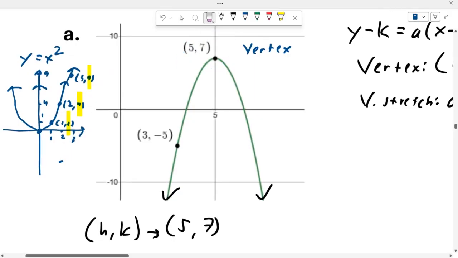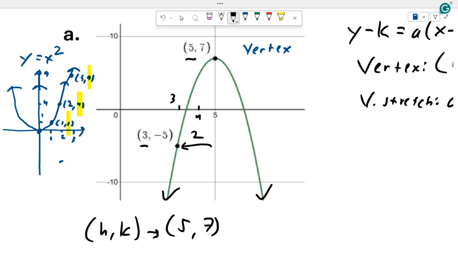So if I look here, my vertex has an x coordinate of 5, and the other point that I have is at 3. So I'm at 5, then this was 4, and then this is 3. I've gone over 2 units.